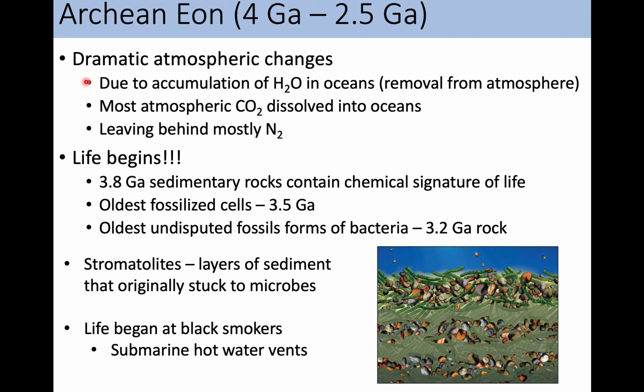We had a lot of liquid water on our surface, and that liquid water was actually able to dissolve carbon dioxide, similarly as it does today, from our atmosphere. So the oceans are actually what removed the deadly amounts of carbon dioxide from our atmosphere, allowing life to begin.